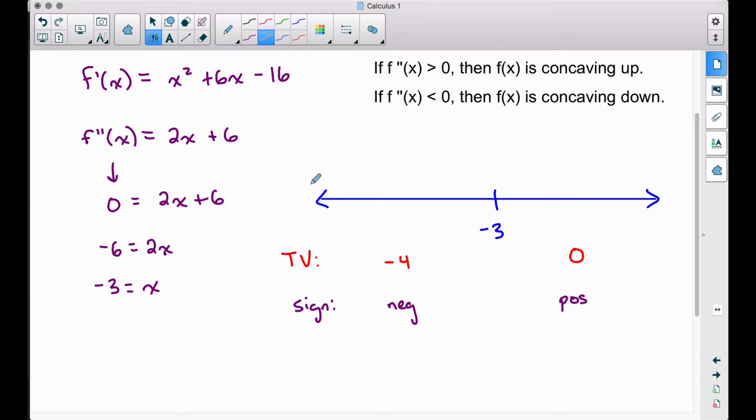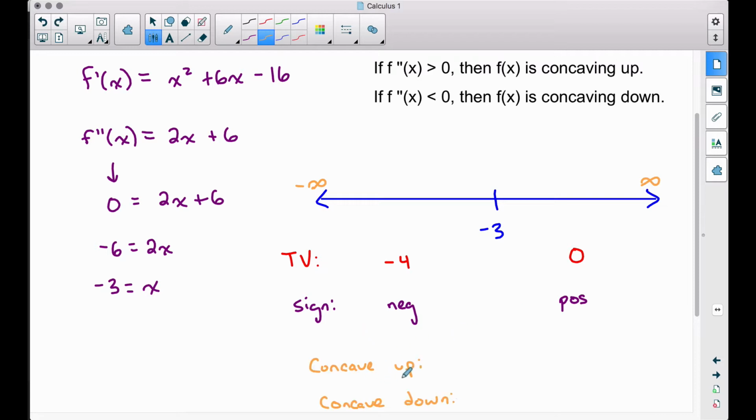So thinking about our intervals now, over here to the far left, we have x values of negative infinity. Going over to the far right, we have x values of positive infinity. Now, based on these two little rules up here, when the second derivative is negative, our function's concaving down. When our second derivative is positive, greater than 0, like right here, our function is concaving up.